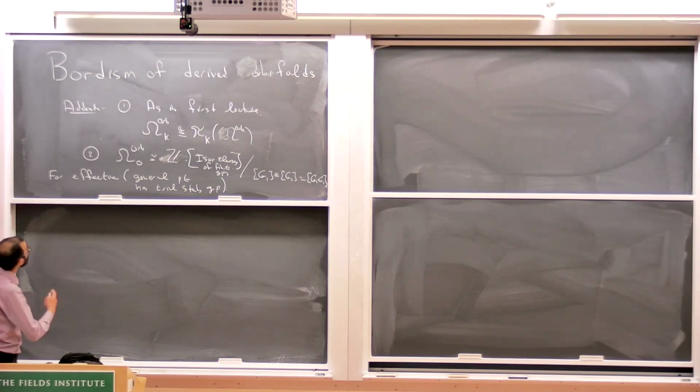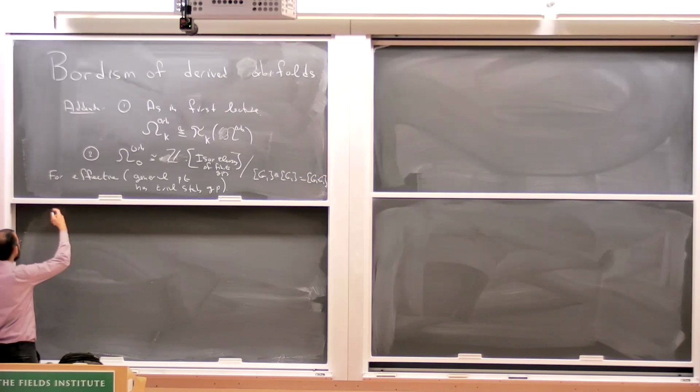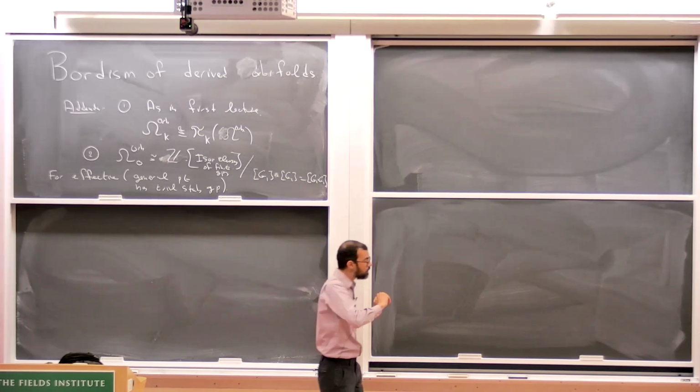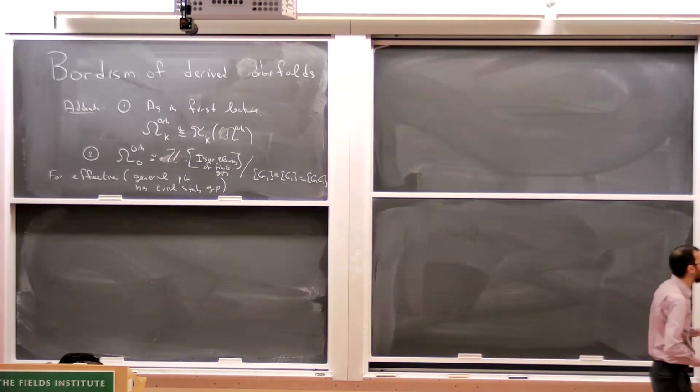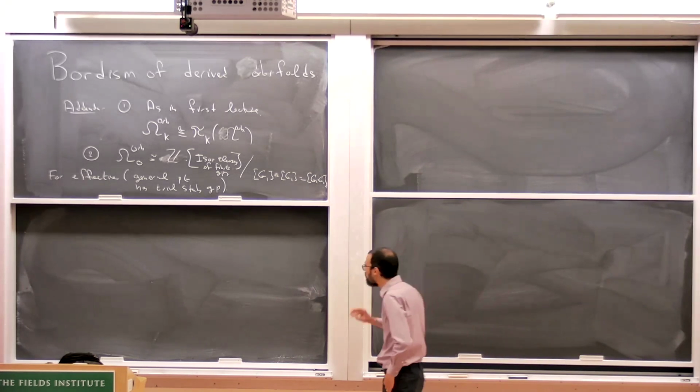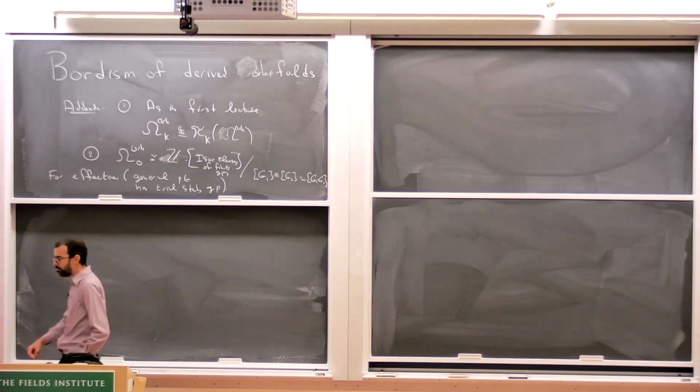Now I want to talk about derived orbifolds, and to do that, I have to explain why you would care about derived orbifolds. That's because at some point in the morning, in the motivation, I did a little sleight of hand. I was not fully honest.